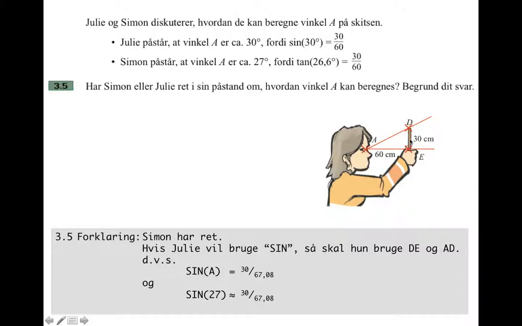And because they're the opposite and the hypotenuse, she'll be using sine, so she might be using the fact that sine of 27, not 30, 27 is 30 over 67.08.